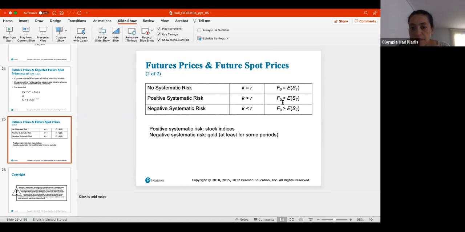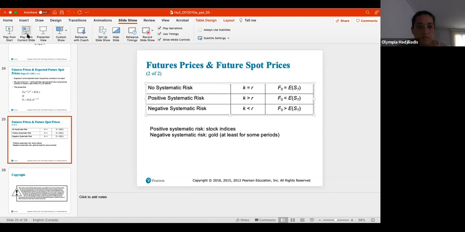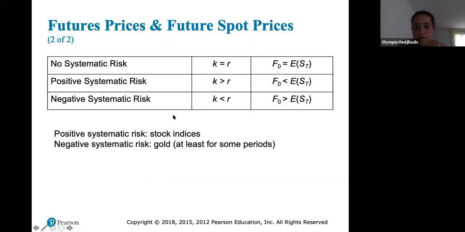So F0 is less than the expected value of ST. So for stock indices, we have positive systematic risk, so F0 is less than the expected value of ST. Here you have k or mu, in that example, greater than r, so F0 is less than the expected value of ST.